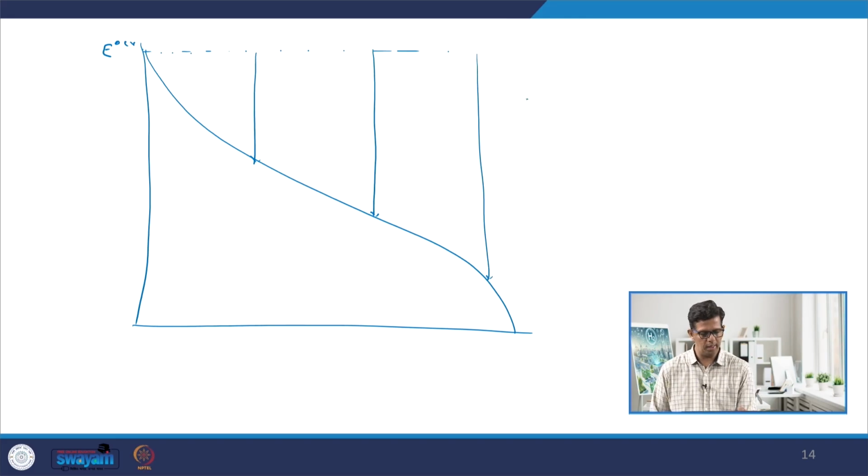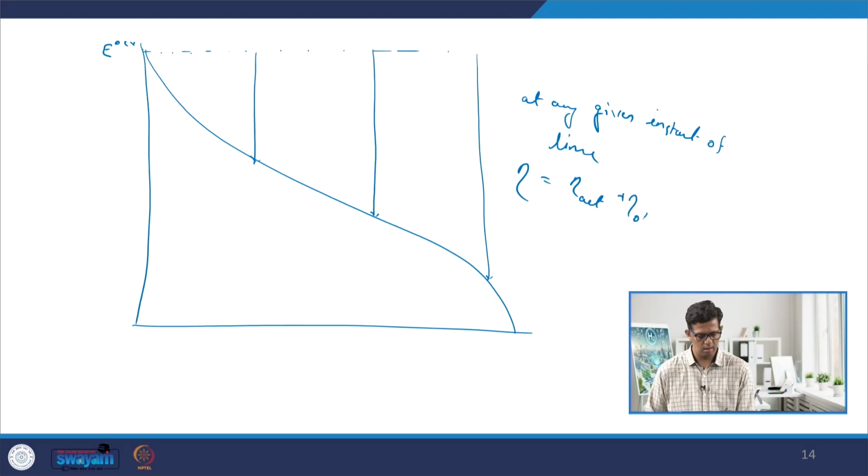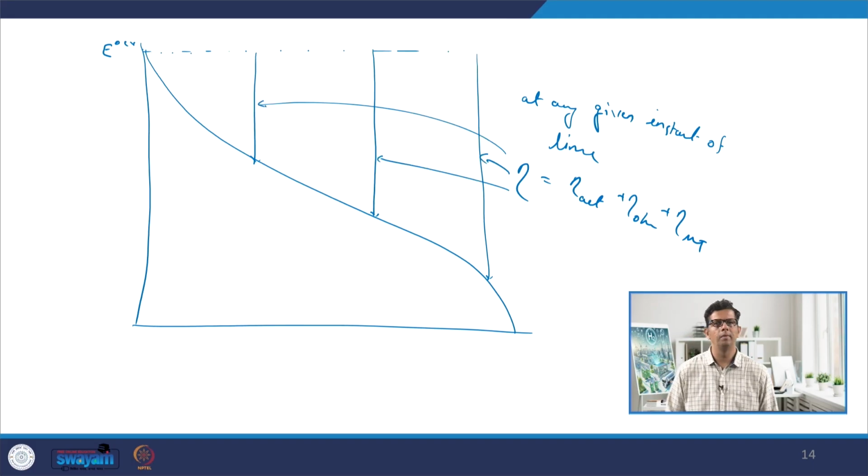So at any given instant of time, this eta is the sum of three overpotentials, and this eta is nothing but the drop that we discussed.